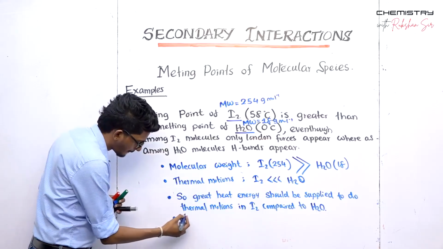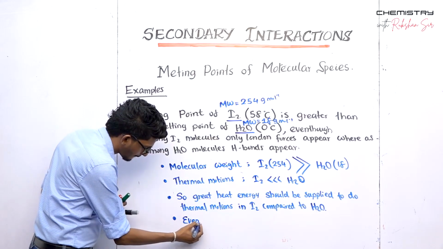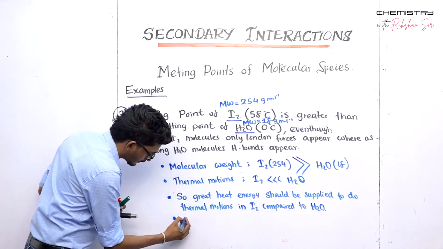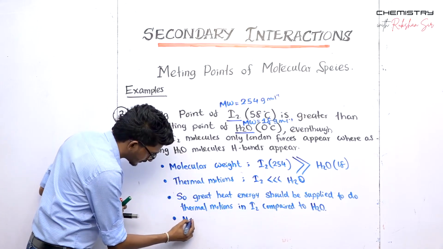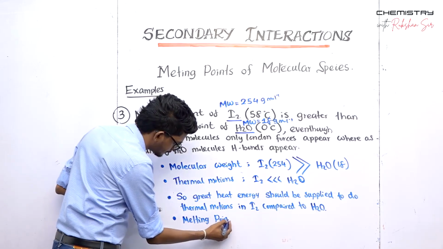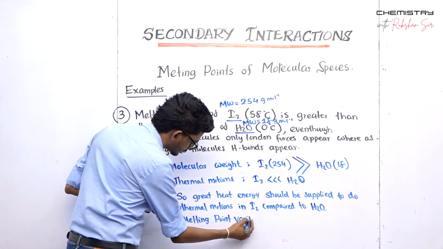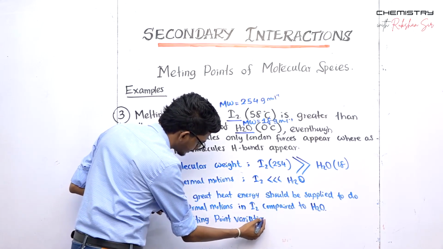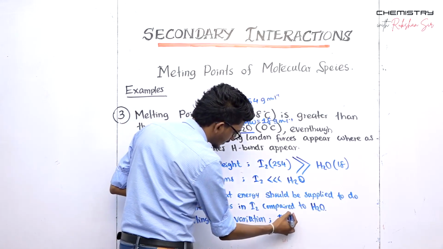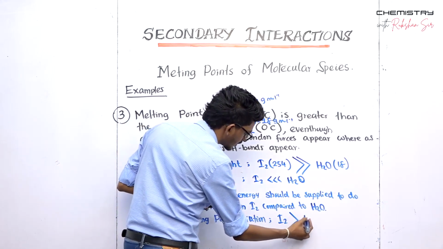So we can write: melting point variation is I2 having a greater melting point than H2O.